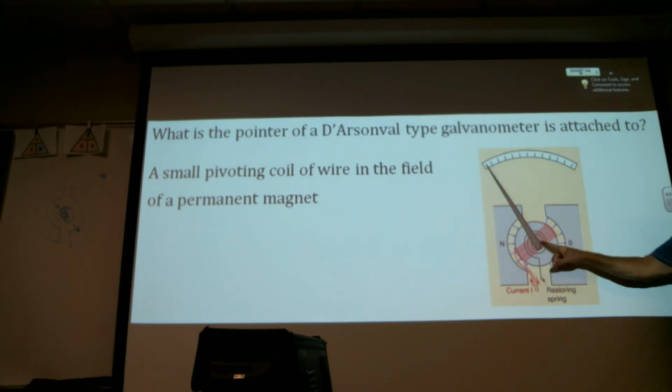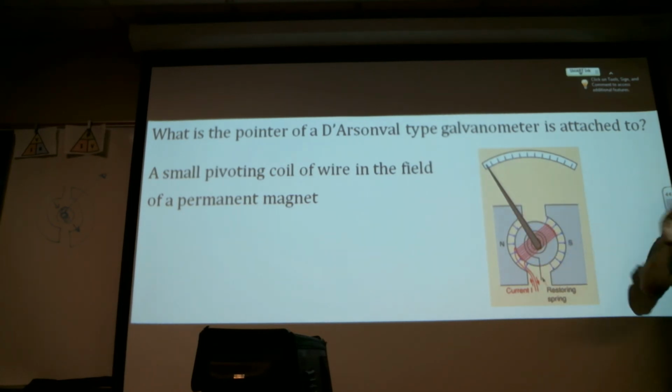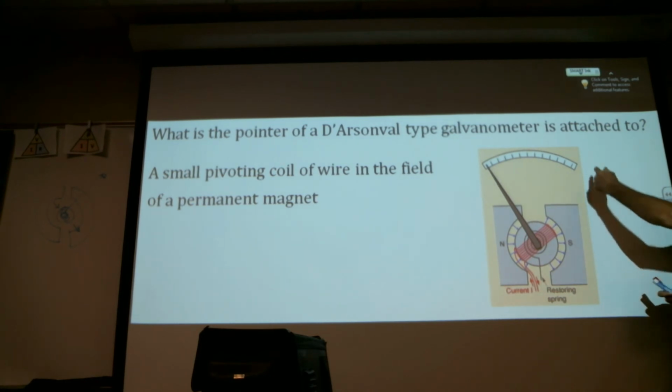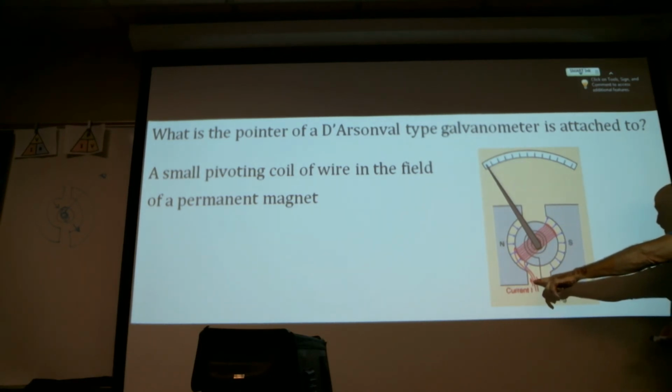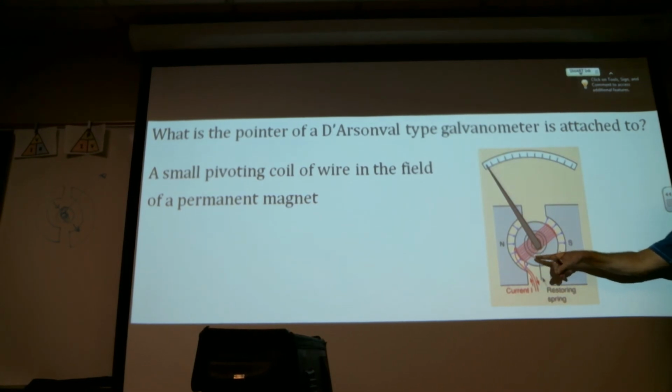But this coil doesn't change, so it's always going to be the same amount of current that's going to give you full scale deflection. I don't care what you're measuring. You get full scale, you're going to have the same amount of current, and I think it's, in most cases, 1/10 of an amp or 100th of an amp. I think it's 1/10 of an amp. It's a very small amount.